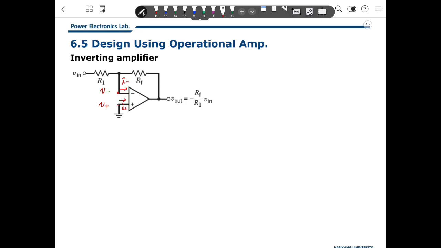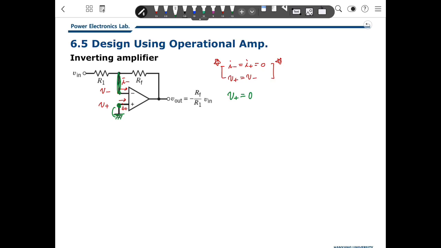Then first you write that I minus and I plus are 0, and V plus equals V minus. Then you should make a node equation. First, I will use the node equation because this is the reference. From here, we get V plus will be 0 volts.